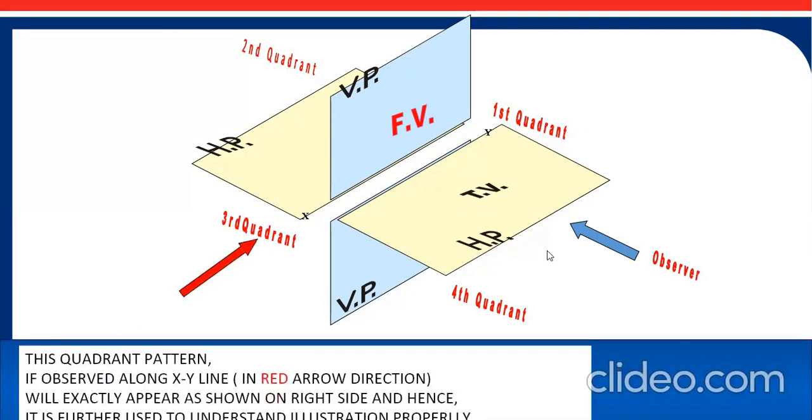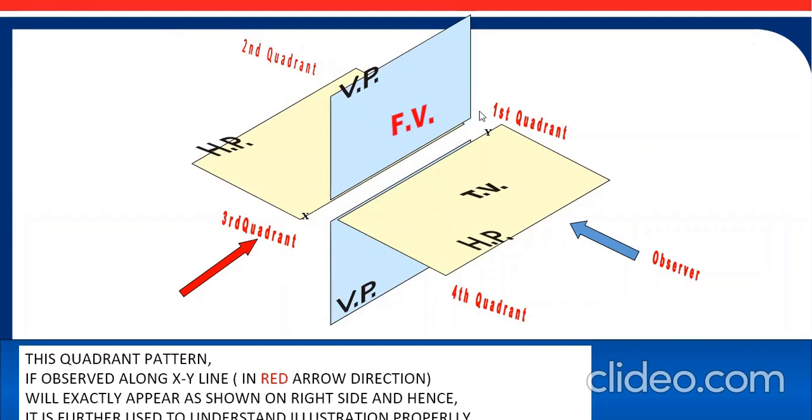Now the third quadrant. Here the observer is here, and we get the front view on the vertical plane and the top view on the HP. Again we have to turn clockwise. So the top view is above the XY line and the front view below the XY line in the third angle method of projection.